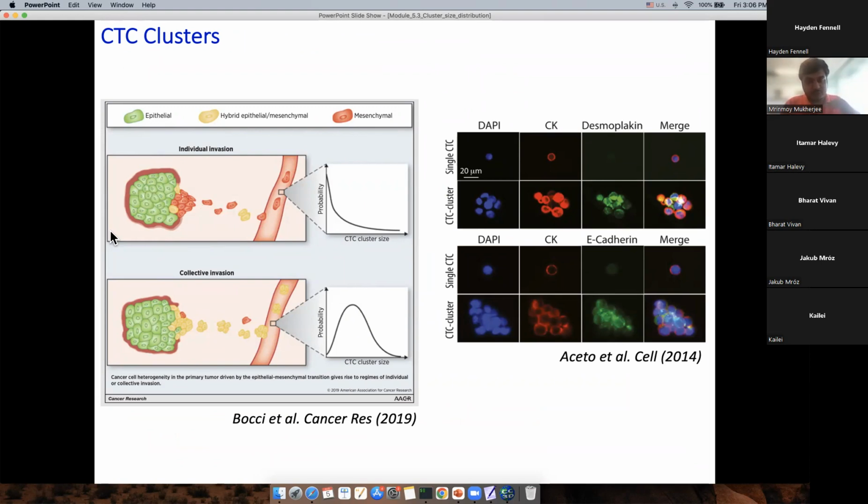The cell has to move from this, they have to find the circulatory system. This is out of the tumor now? Yeah, this is out of the primary tumor. Yeah. Okay, cool. Thank you. So they have to invade this dense tissue layer to reach the circulatory system. Sure. Thank you. Yeah.